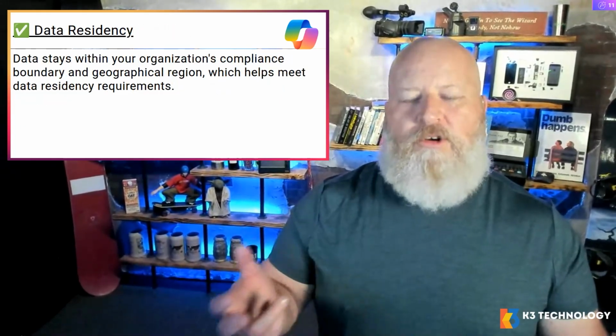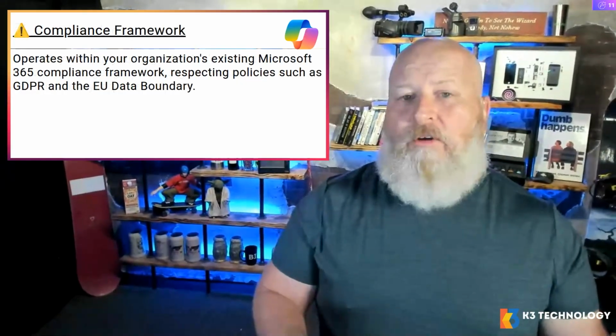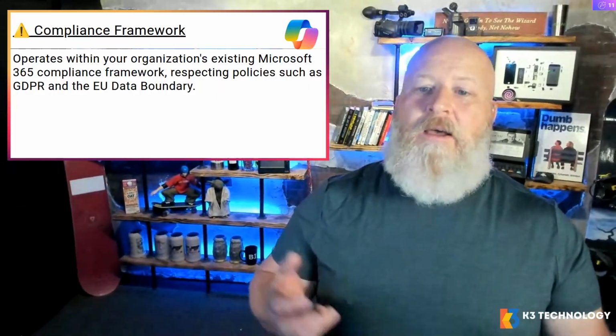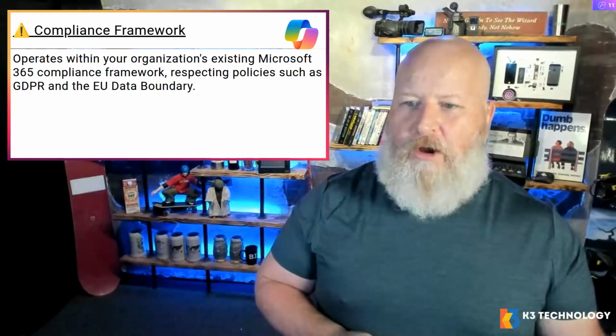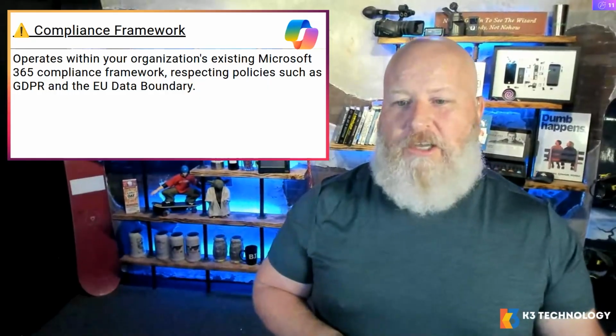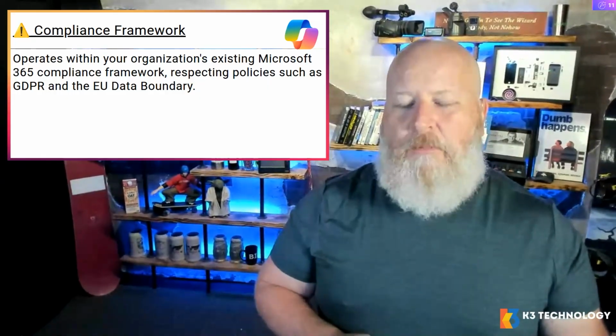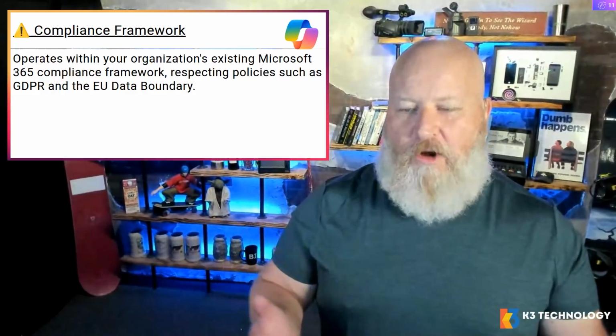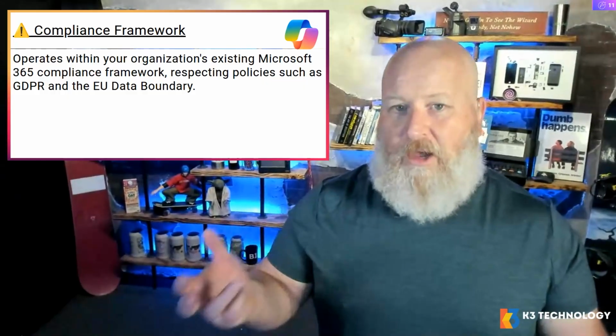And then it also follows a lot of your data residency compliance requirements as far as geographical region and things like that. So, how does it do all that? Part of it is your compliance framework, right? It operates within your organization's existing Microsoft 365 compliance frameworks. It respects policies such as GDPR, EU data boundaries, and other things that you've done within that compliance framework within your Microsoft tenant.